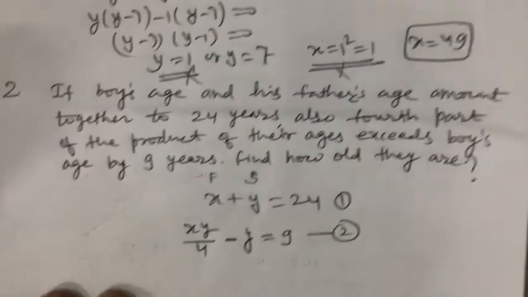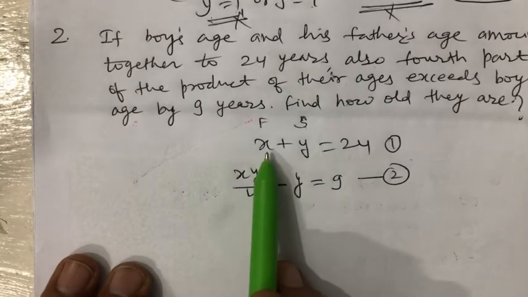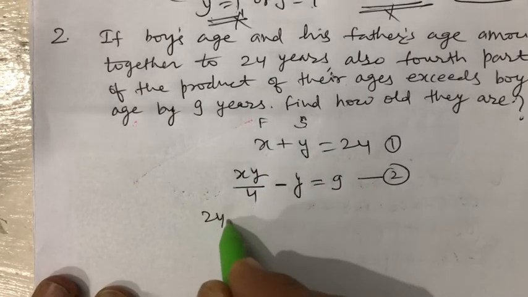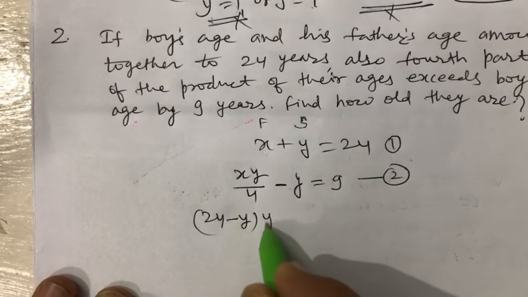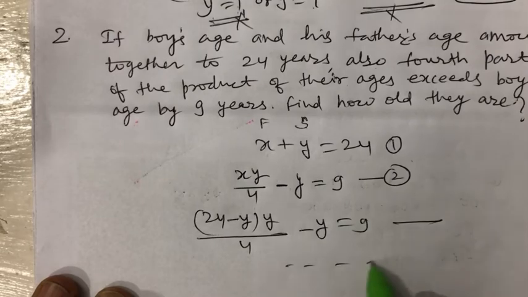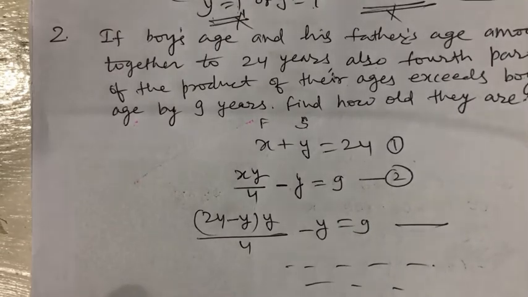Now it is nothing. So you have to take x from the first one, substitute in the second one. What? (24 minus y) times y by 4 equals y plus 9, and then from the remaining part you can get the answer for x and y.